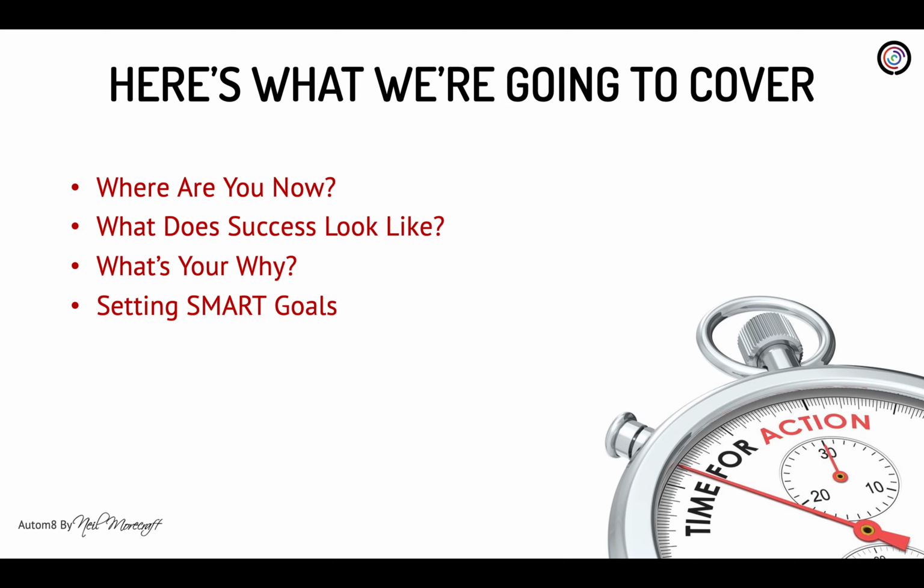And in order to do that, we need to understand where you are now, what success looks like, what's your why, setting some smart goals, and then understanding that you don't actually have to go the traditional way. It's interesting when I talk to customers and clients, when I go out and I consult, and they start talking about growth, and they may say, well, we had 10% growth year on year in our sales department, and I start thinking about, well, why haven't you thought about 100% growth or 200% growth?